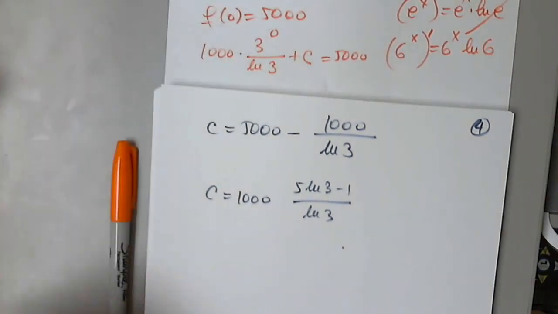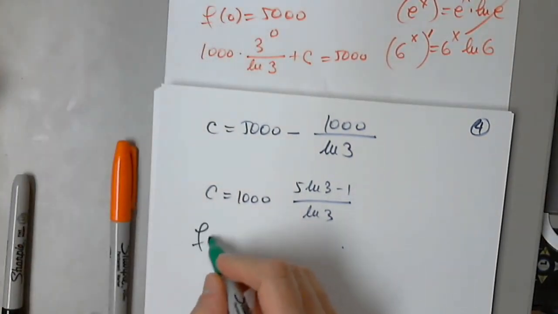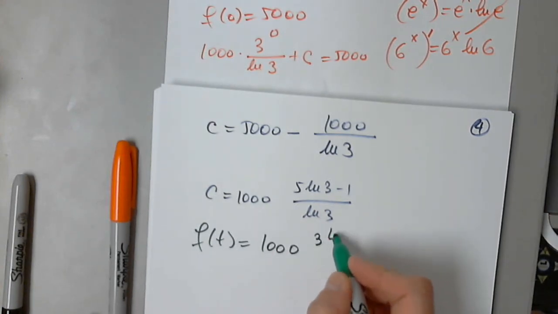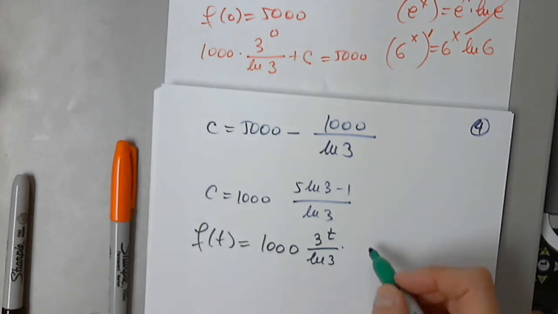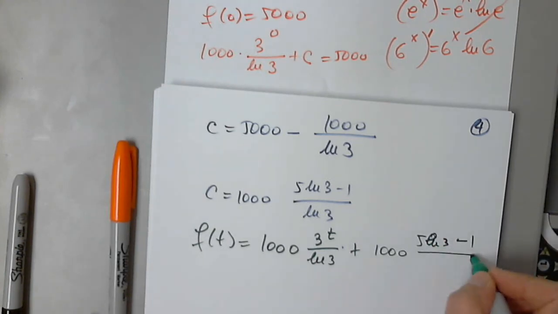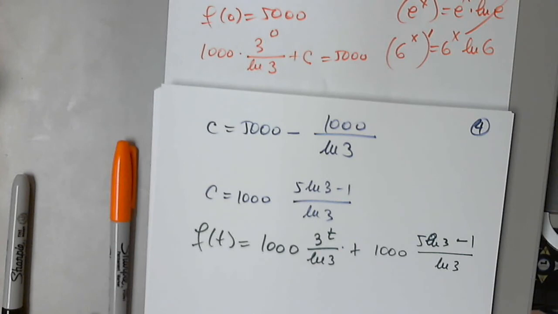So now I have everything about the function. I know everything about it. So it's 1,000 times 3 to t over natural log 3, and then plus 1,000 times 5 natural log 3 minus 1 over natural log 3. And you don't have to do anything to it.